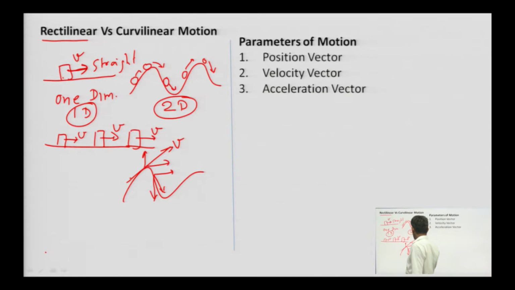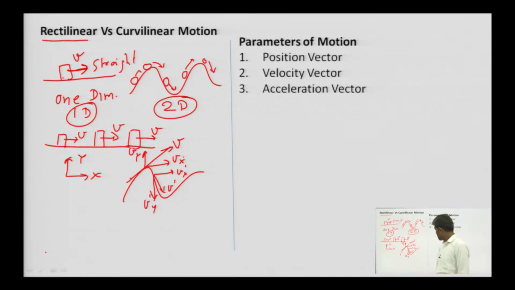If I write it in x and y, then this is v x and this is v y. Here, suppose this is again v dash, so it is v dash x, v dash y.